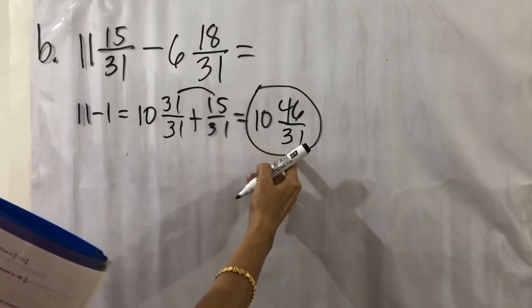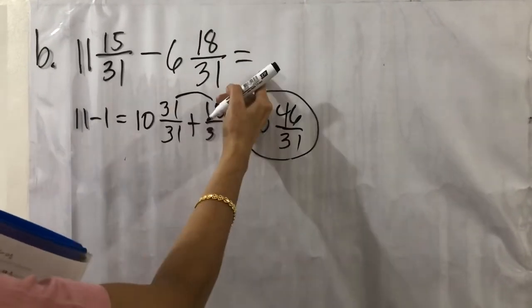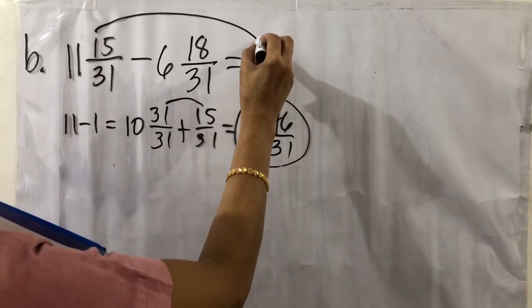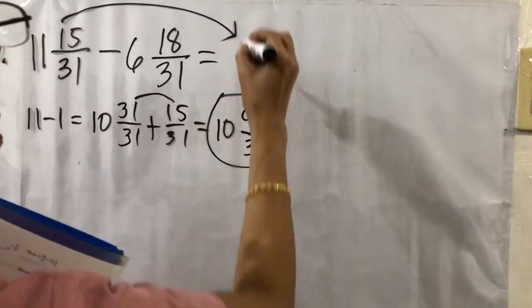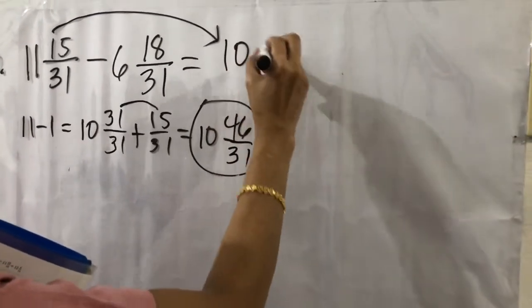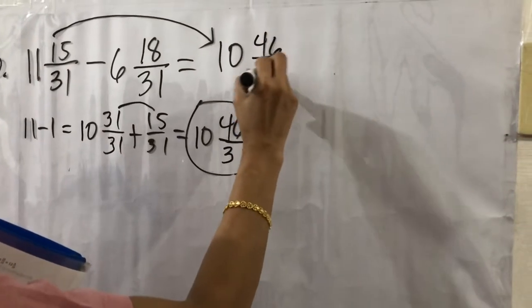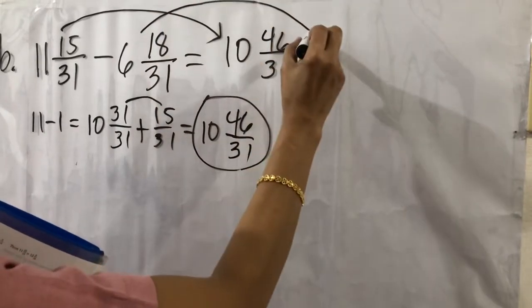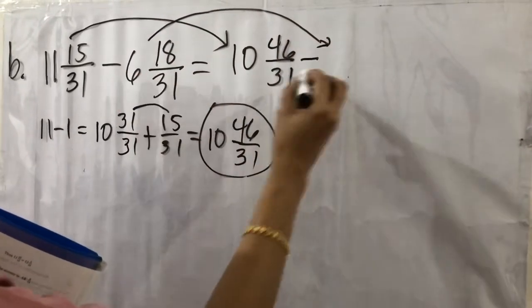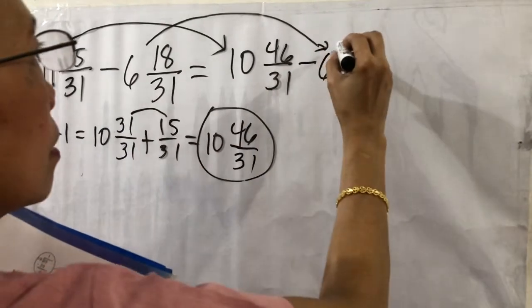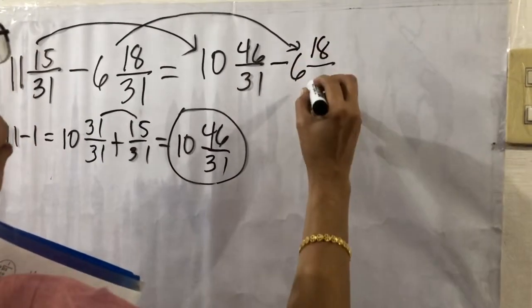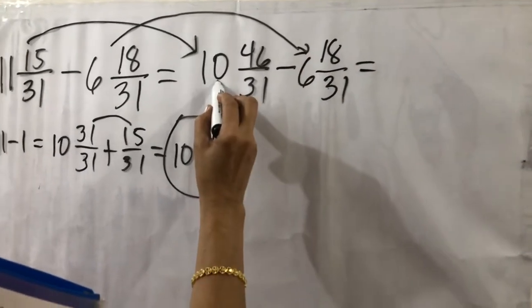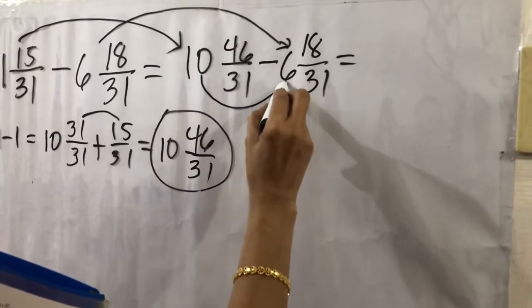So let us do it first in the horizontal way. So we rename this one 10 and 11 over 31 as 10 and 46 over 31 minus, we're going to subtract this, 6 and 18 over 31 equals, subtract first the whole numbers, 10 minus 6.